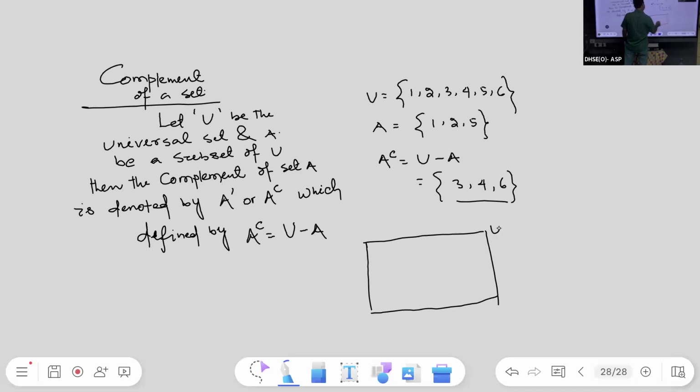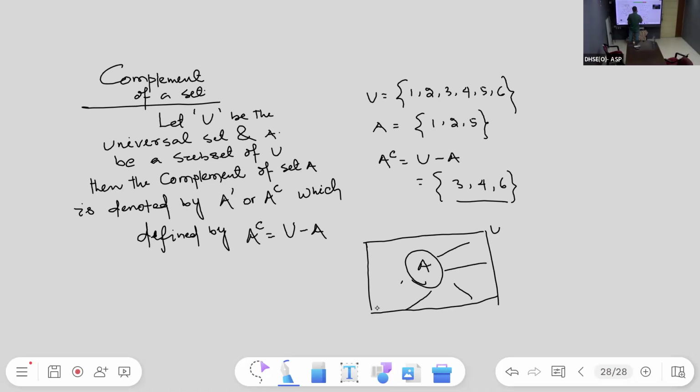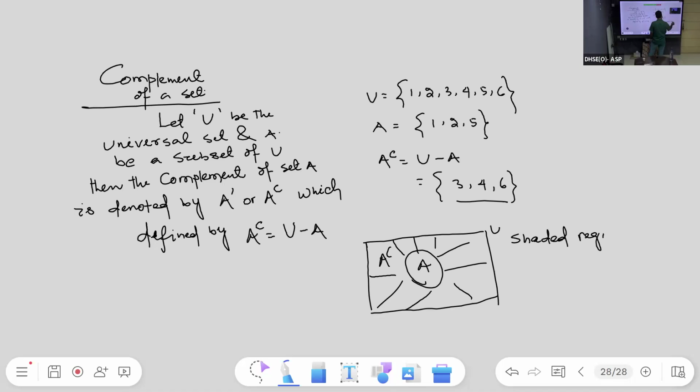This is the universal set, and A is a subset of the universal set. The shaded region represents A complement, or complement of A.